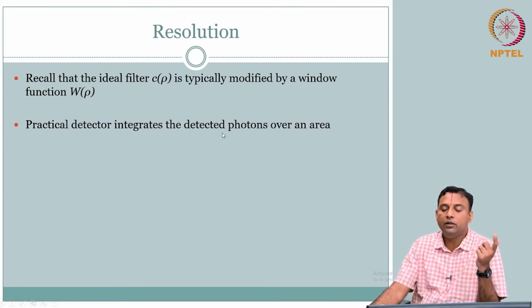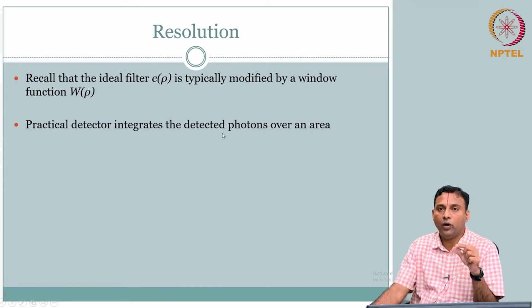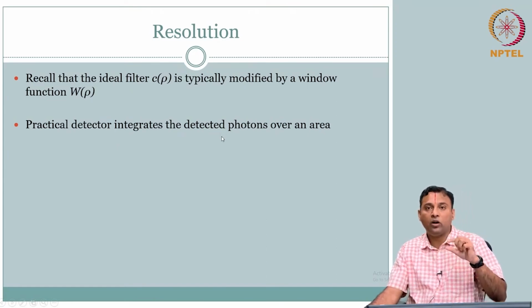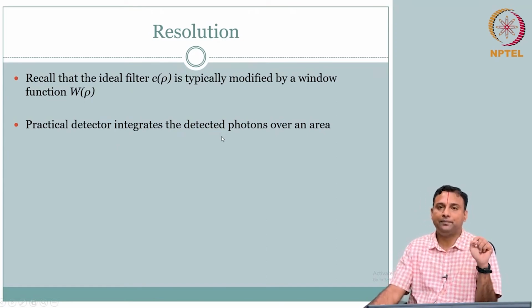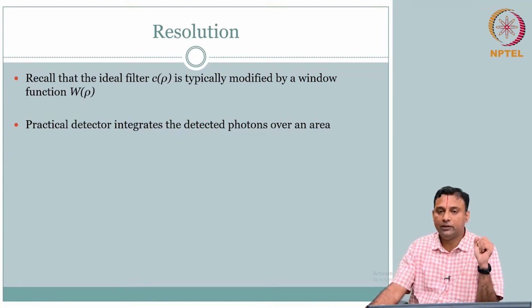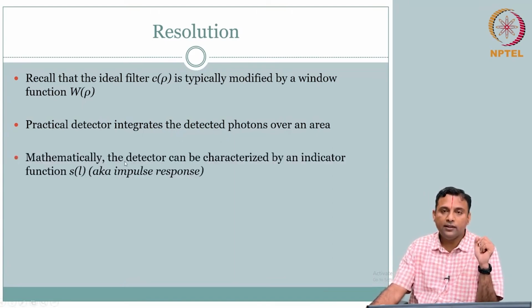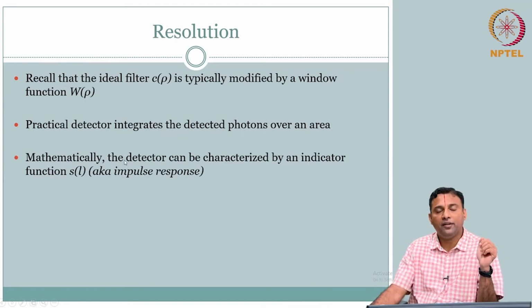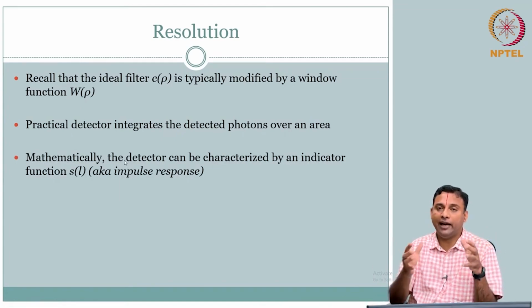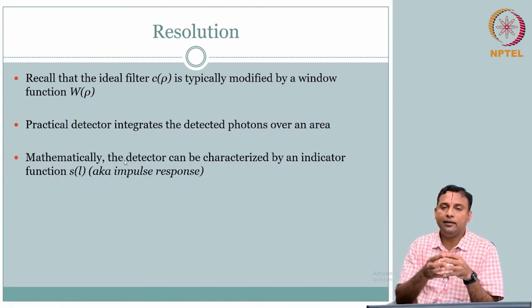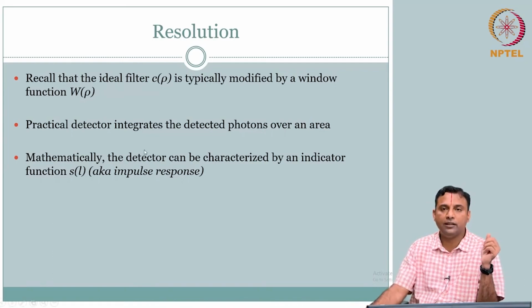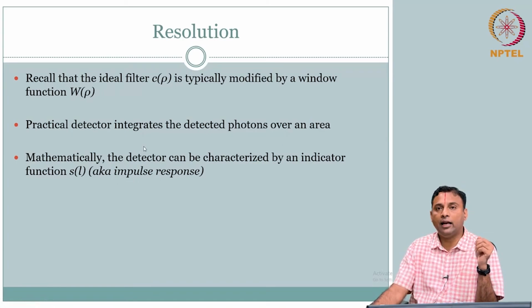It is going to have some area, and so what you are getting is going to be good only over that area. There is a size effect. What we can do, and we have done this before, is see that there is an ideal, and because of these effects we can incorporate these as a convolution.